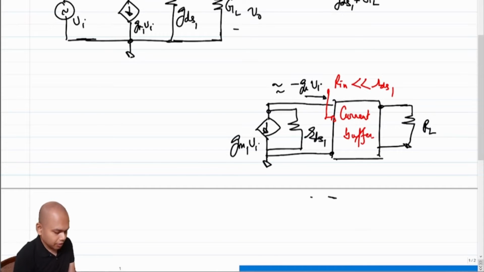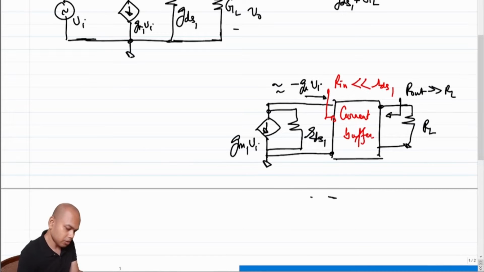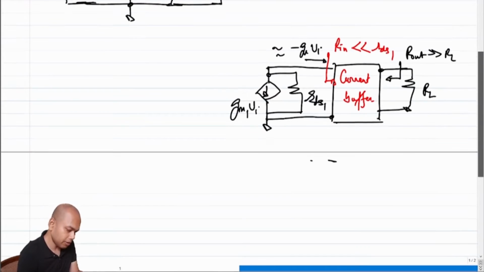What was the other requirement? The other requirement for a current buffer obviously is that the output impedance Rout has to be much greater than RL, because a current buffer is nothing but a current controlled current source. And how did we do this?